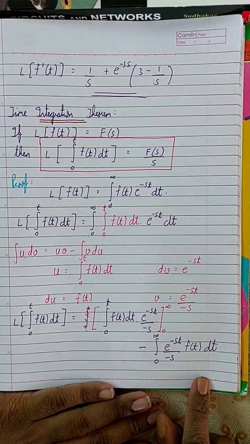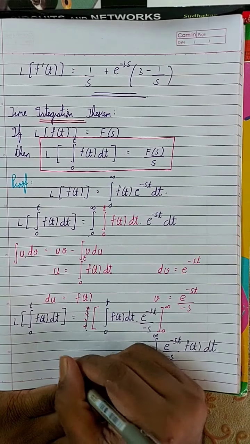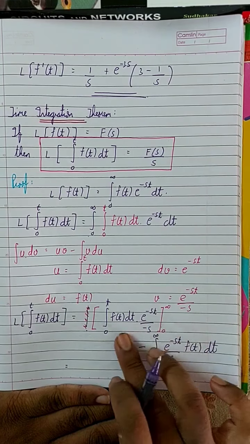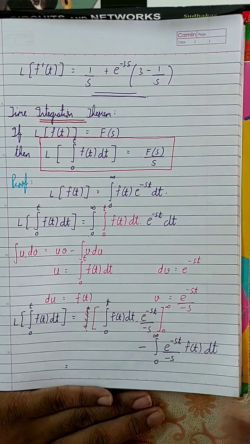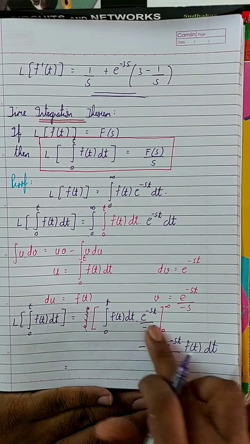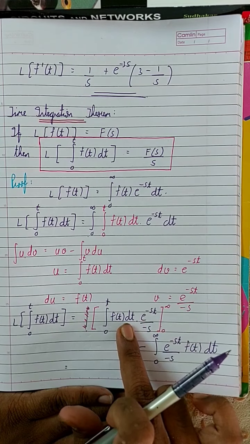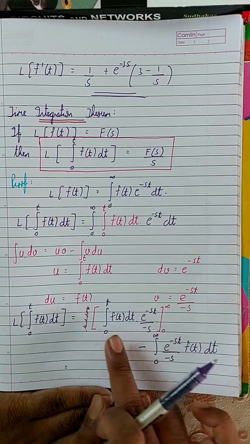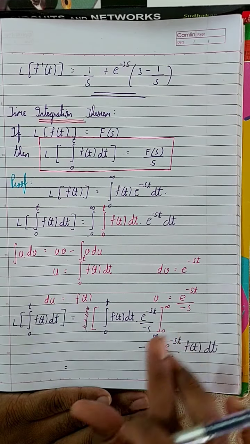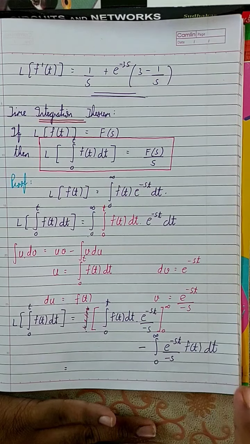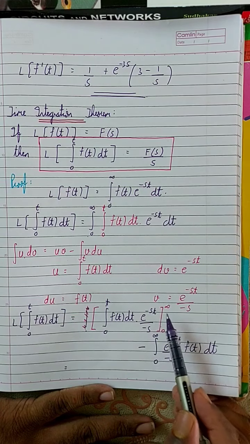Now I'm going to substitute this equation over here, and before substituting, let me tell you how I'm going to do it. I don't have to write the entire steps because it's very easy to understand. I'm going to apply t equal to infinity minus the same function at t equal to 0. What happens if I put t equal to infinity?